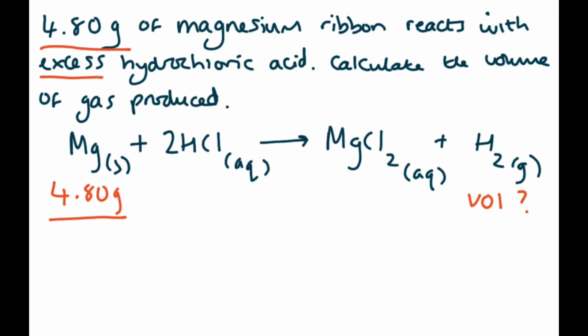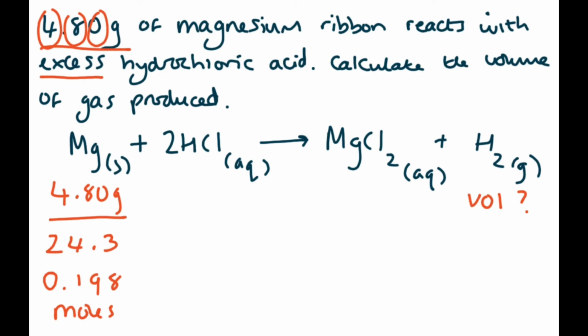Make sure that you are using the A-level periodic table, and it's 24.3. And so you do that calculation, and you should get 0.198 moles. Now I'm just going to write down three significant figures because the question is using three significant figures.